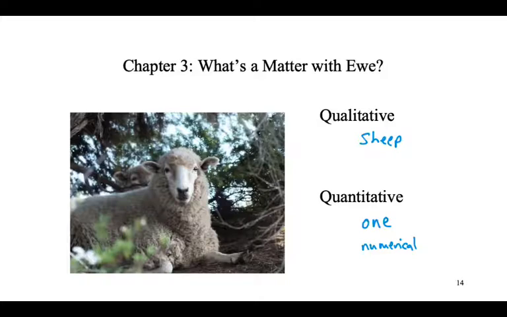Okay. What else could I put in here? You're like, I don't want to be wrong. There's no wrong. Trees, I'll accept that. The focus was on the sheep, but trees are there. That's absolutely valid.